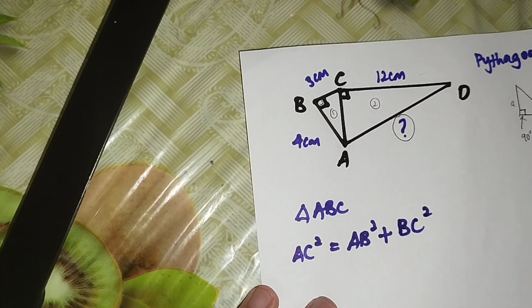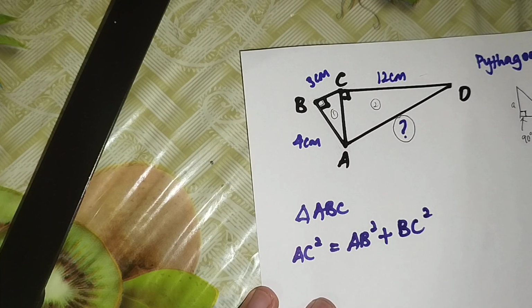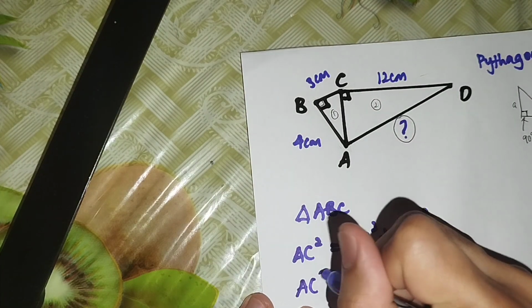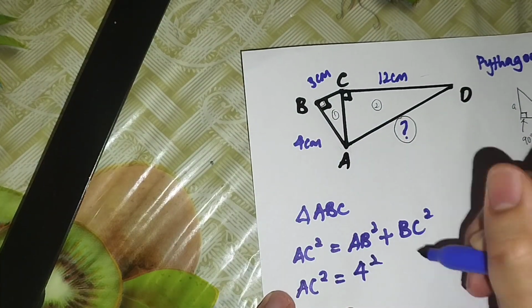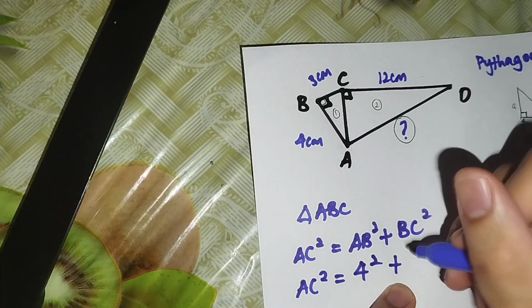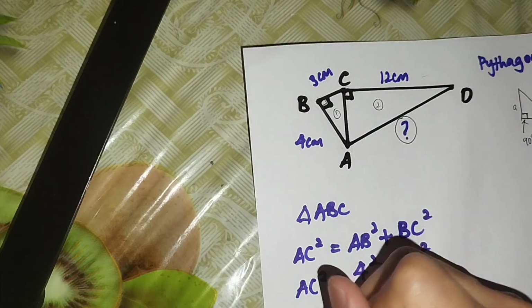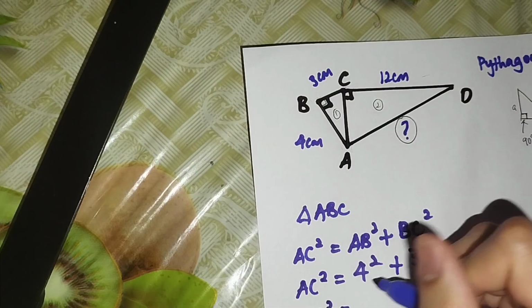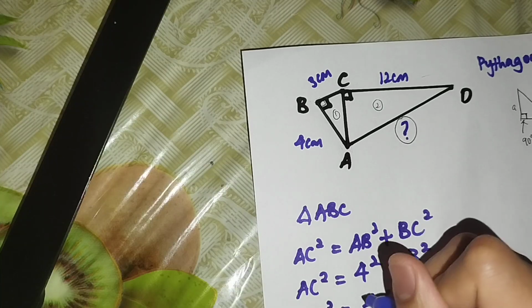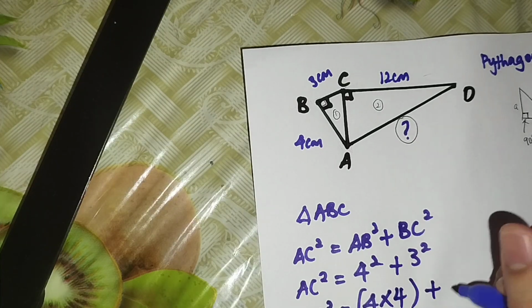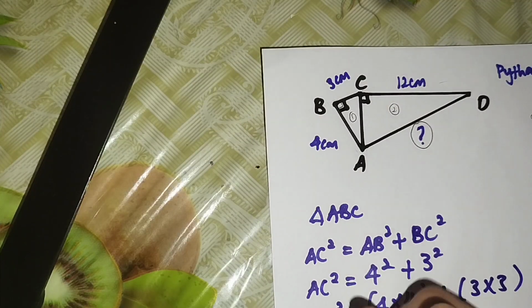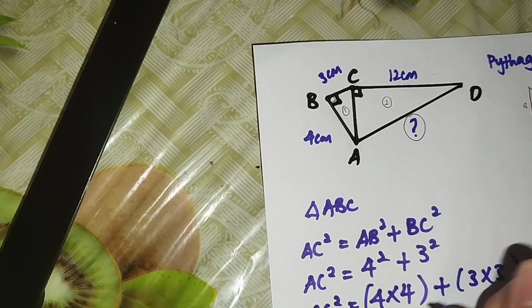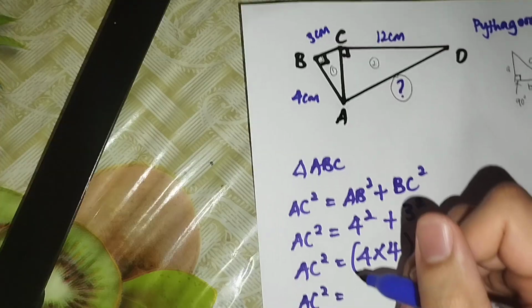And what do we have here? This goes back to your squares, and we have AC squared is equal to AB squared, which is 4 squared, plus BC squared, which is 3 squared. And AC squared is equal to 4 times 4 plus 3 times 3. 4 times 4 is 16.